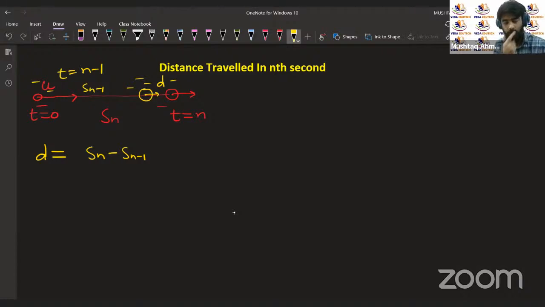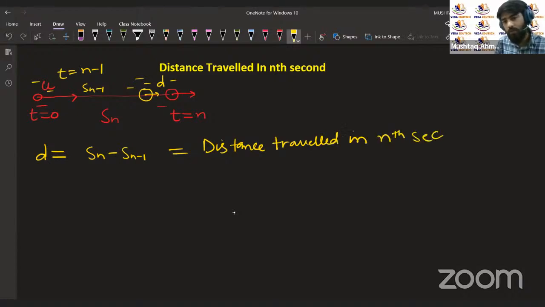So this is the distance traveled in the nth second.